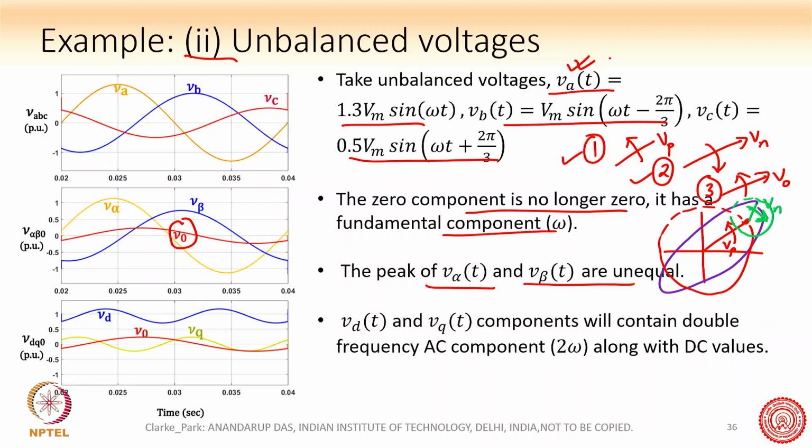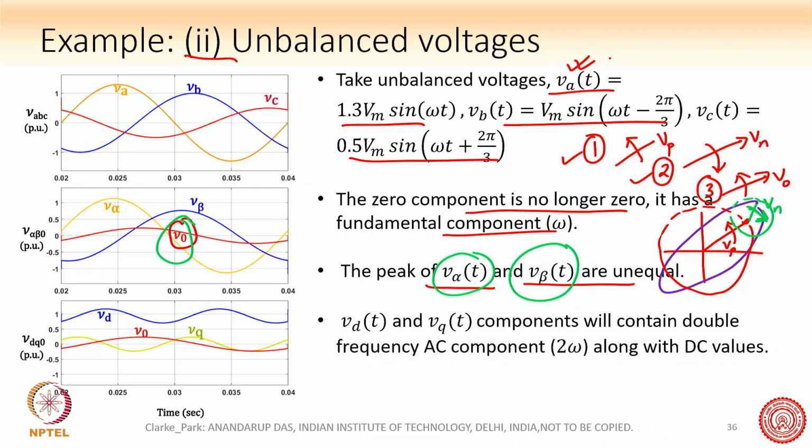And therefore, if it is an ellipse, of course V alpha and V beta will become different, because their projections on the real and imaginary axis will become unequal. In fact, because you have a zero sequence also here, this is no longer a two-dimensional ellipse, it is a three-dimensional ellipse. It's an ellipsoid, what I should say.